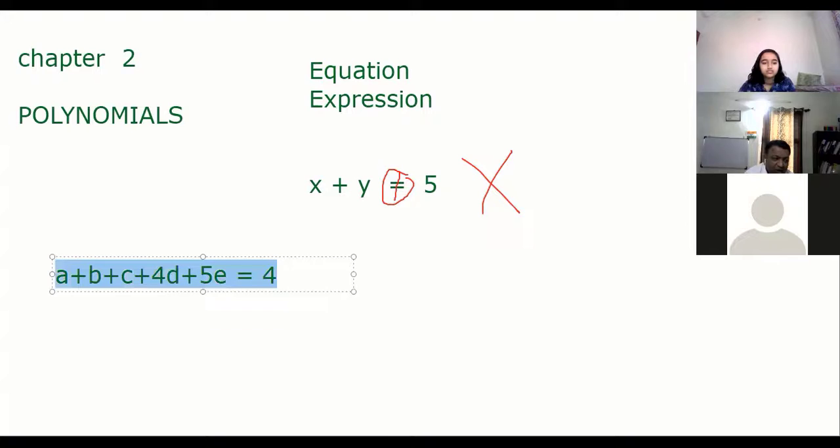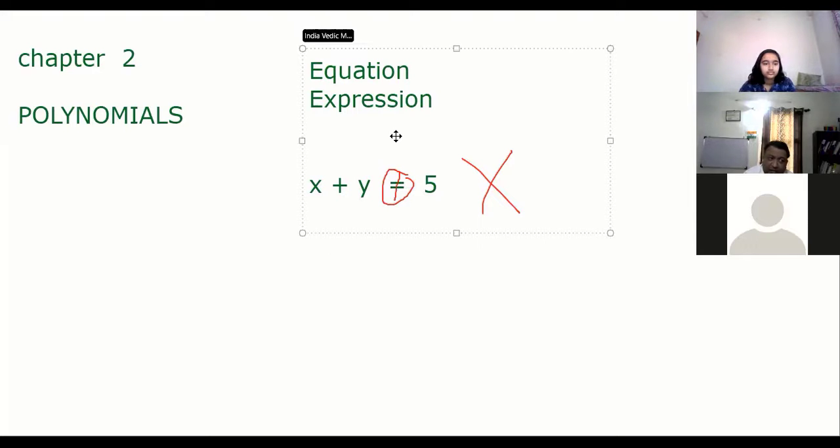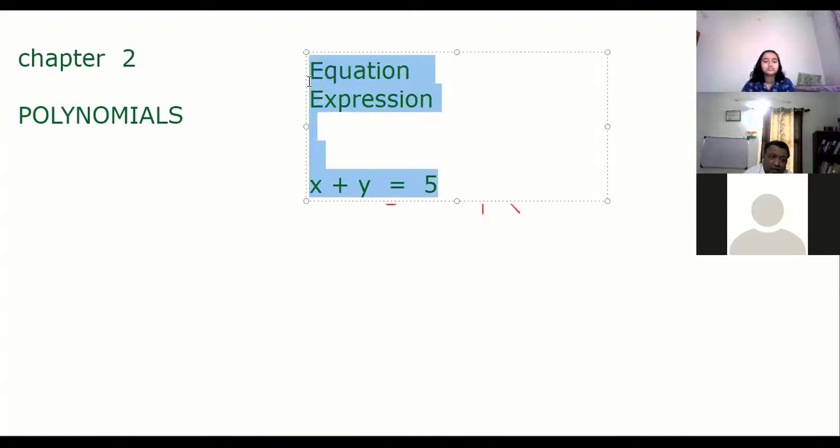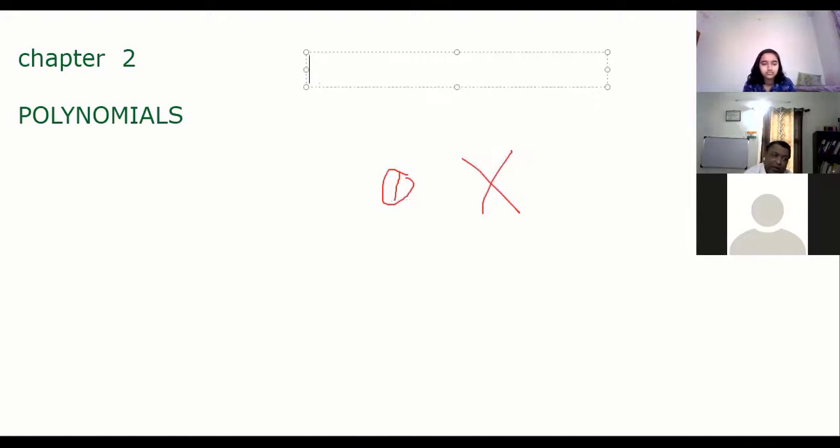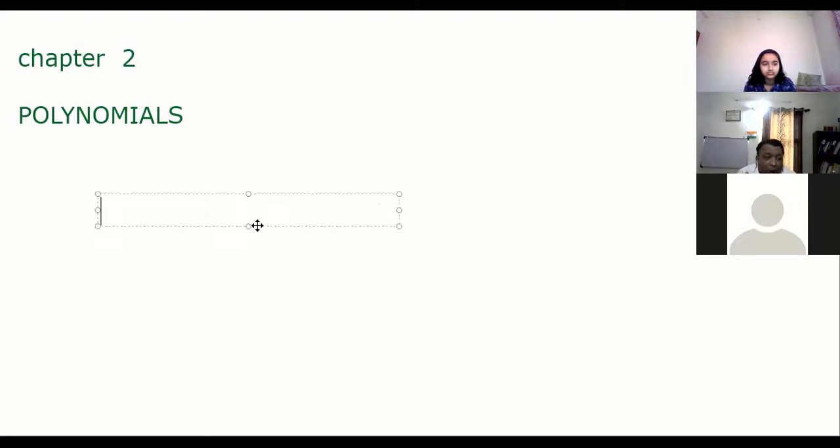Why am I doing this? Because when we talk about polynomials, a polynomial can be an expression, a polynomial can be an equation. It is not necessary to always have an equation. An expression will also do. What is a polynomial? In simple terms, yes, some of you are right in terms of the standard definition. Simply put, a polynomial is that expression, listen carefully.